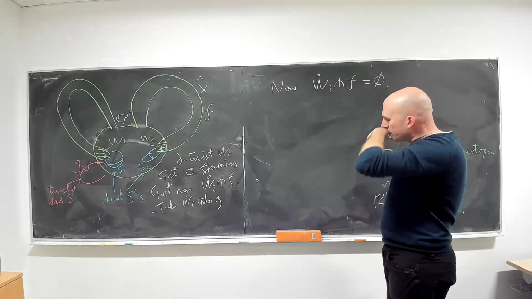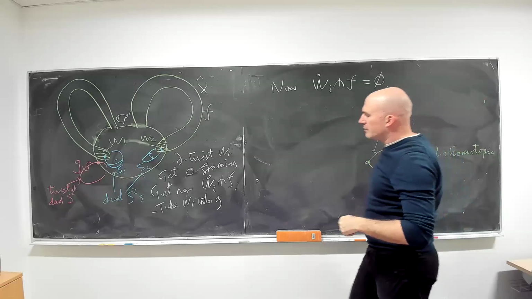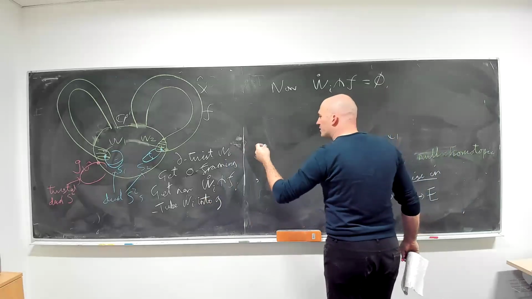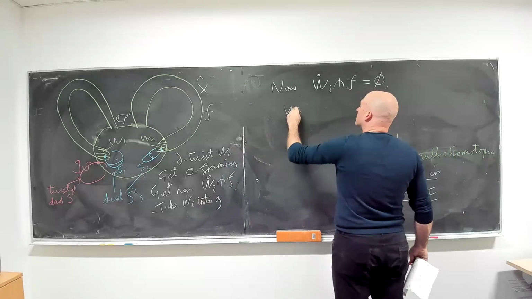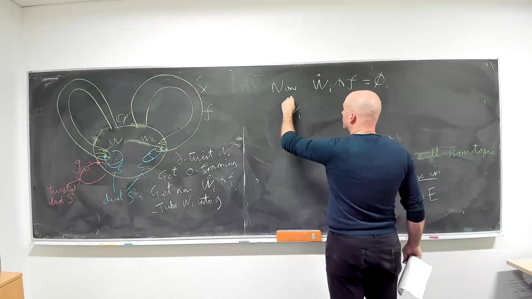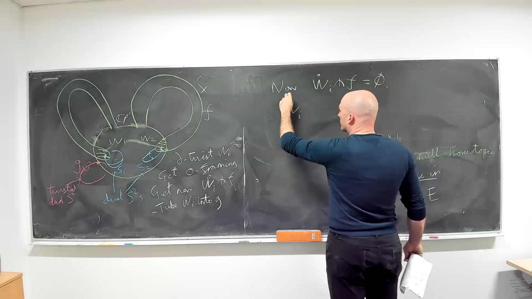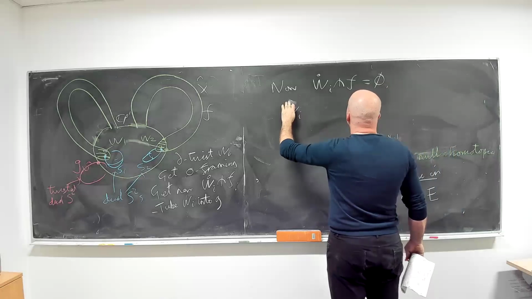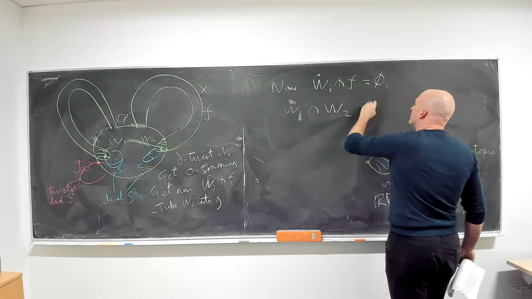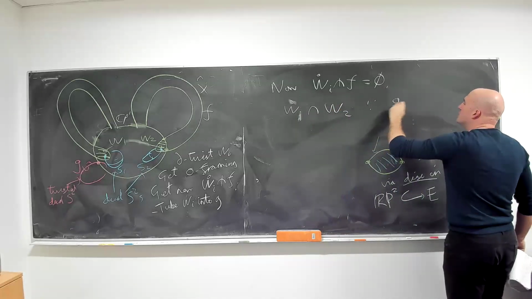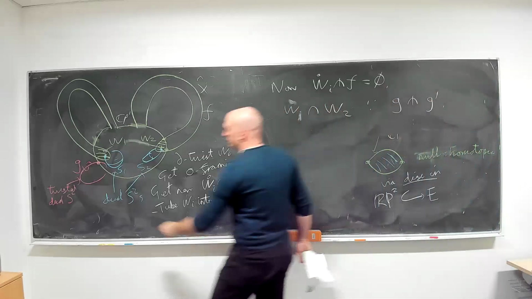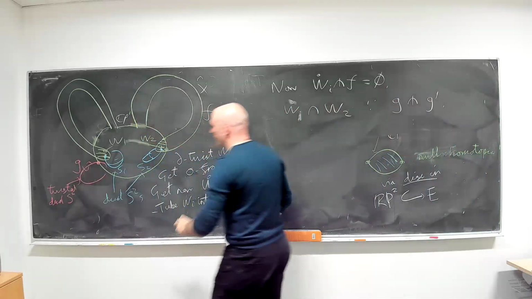But we get one more issue, which is that W1 now intersects W2, because G intersects a parallel copy of G. Because this was a twisted dual, if I take a parallel copy, it intersects.